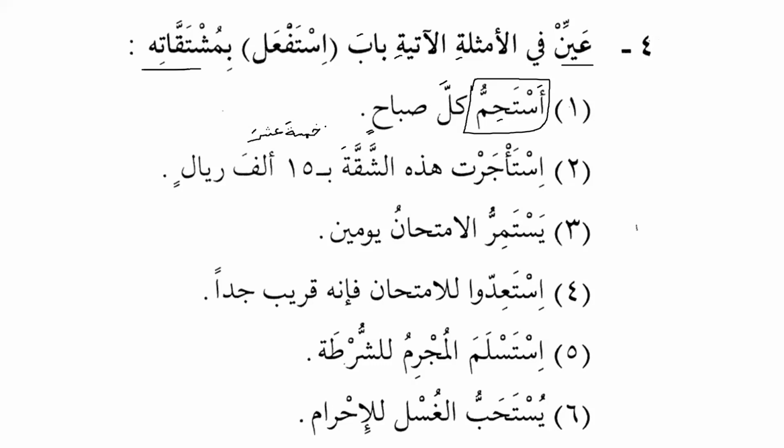Even though we have the preposition be over here, because they are mabniyun, the ending will not change. Istajartu, I rented this apartment by 15,000 riyals. Yes, past tense. Istajartu is a past tense verb. Excellent. Istajartu, I rented, past tense.